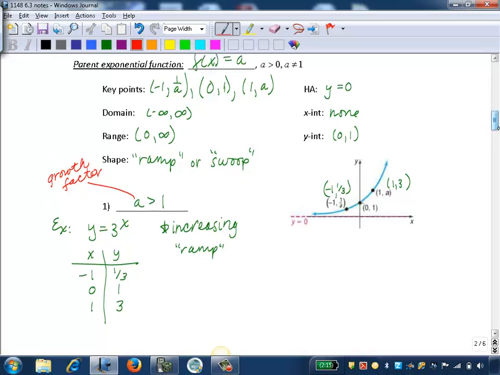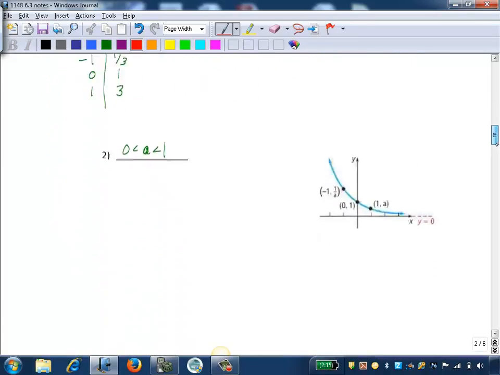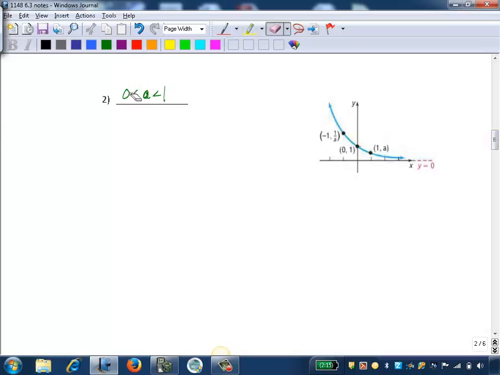If we scroll down here a little bit, now we look at when a is between 0 and 1, like a fraction or a decimal between 0 and 1. For example, we could have y equals 1/2 to the x power. If I make a table of values with this, those easy key points work on this function too: negative 1, 0, and 1.